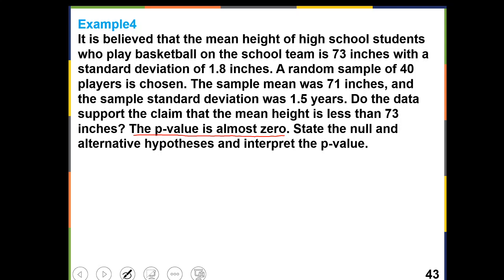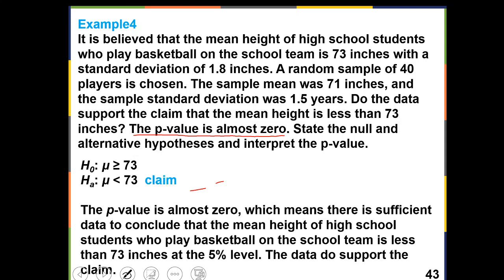So we reject. Now, in order to write the conclusion, we have to write the hypothesis. So let's do that. We know this is the claim, right? So the claim is that mu is less than 73.